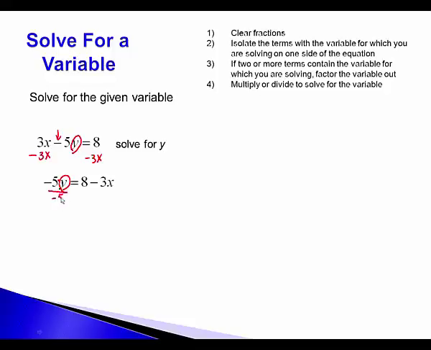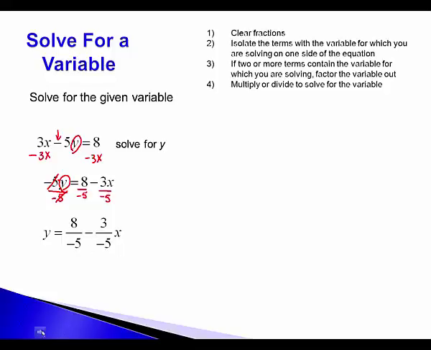That means I'll need to divide this by negative 5, this by negative 5, and this by negative 5. These will cancel, and the rest of these are pretty ugly, so they're going to stay just like they are. So what I'll have is y is equal to, and I'm going to write it exactly as I have it here, 8 divided by negative 5 minus 3 divided by negative 5x.